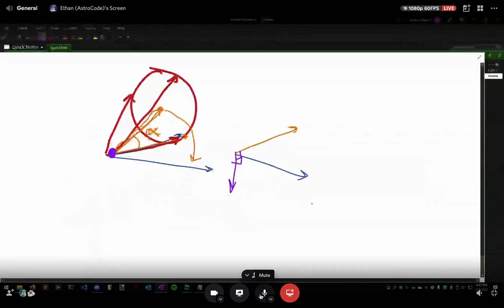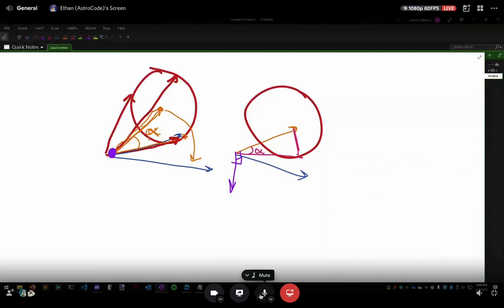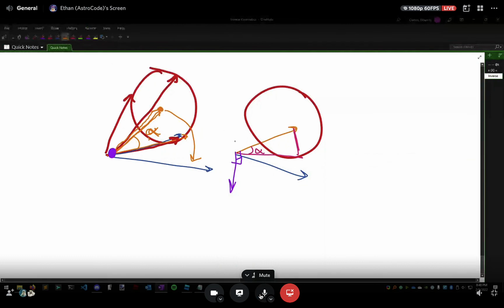Let's see. And then the angle that we want to rotate is going to be, so we have the circle. It's going to be the angle from here. And let's see. It looks like I've done for this an arctangent. So we have this measurement here.